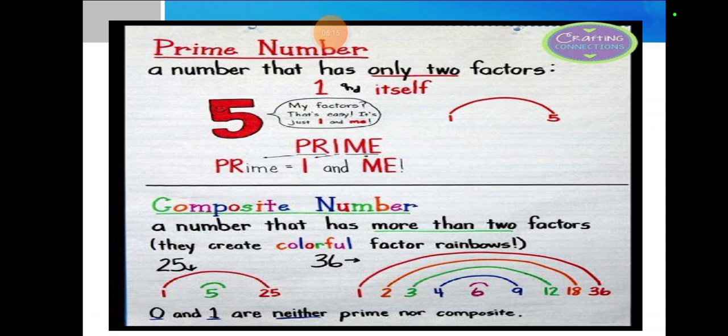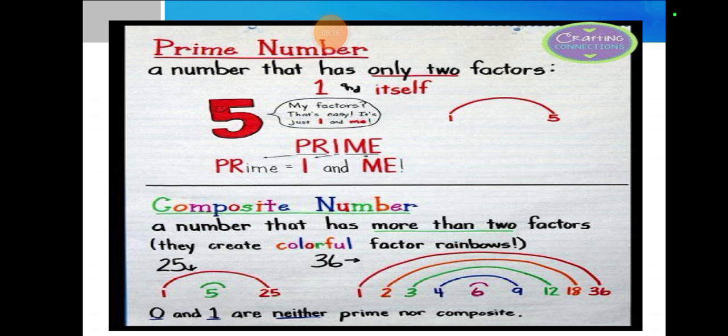A composite number is a number that has more than 2 factors, like a colorful factor rainbow. Like here, if I have 25, it has a lot of factors.